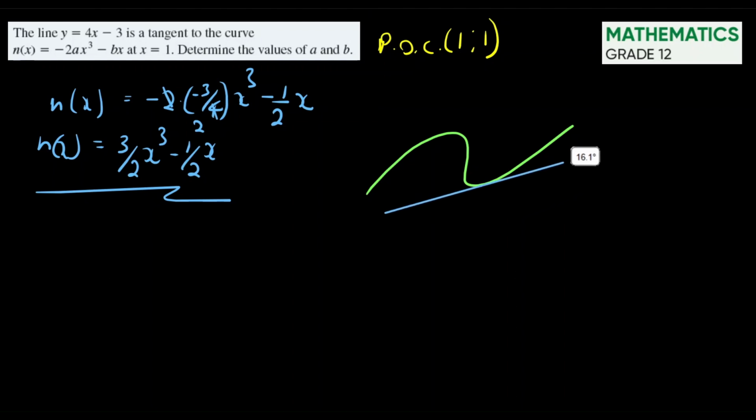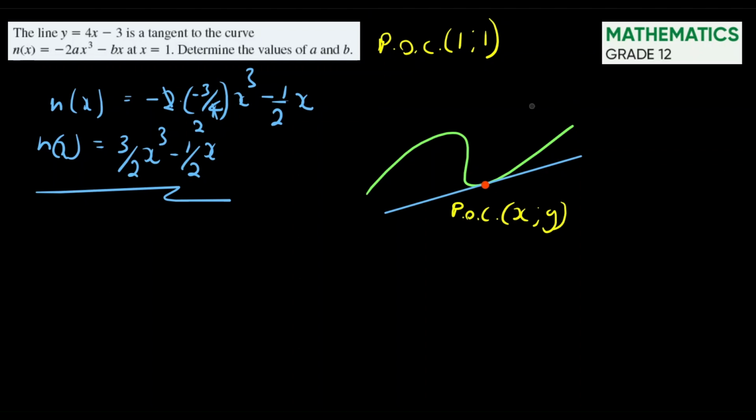And the tangent will always touch at one point. You must always know that the tangent and the cubic function will meet at one point, and that one point is the point of contact, and will be given by x and y.